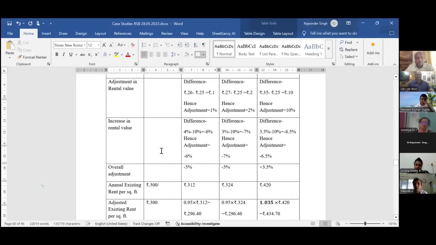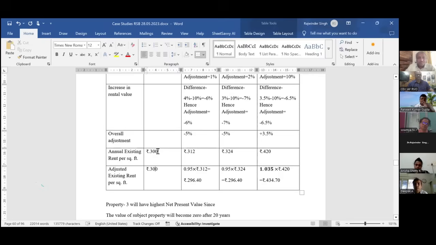If you calculate annually, it is 300 rupees. Sorry, per annum, it is 12 times 26, 312, and 324, and 420. So the adjusted value will be minus 5%, means 95%, means 296.4.